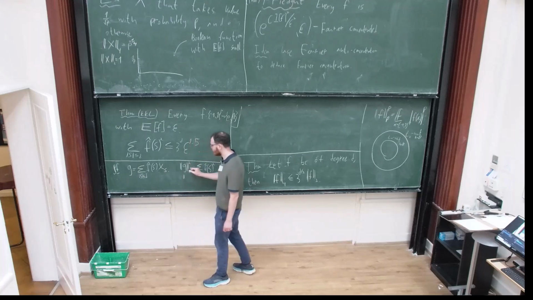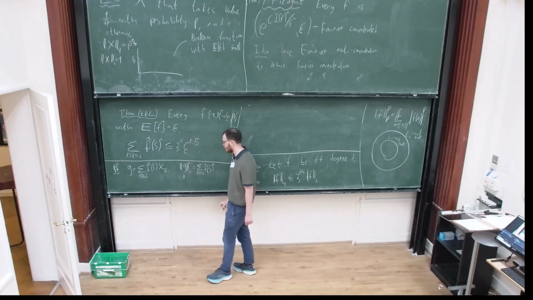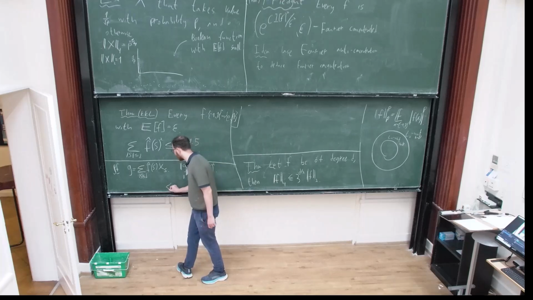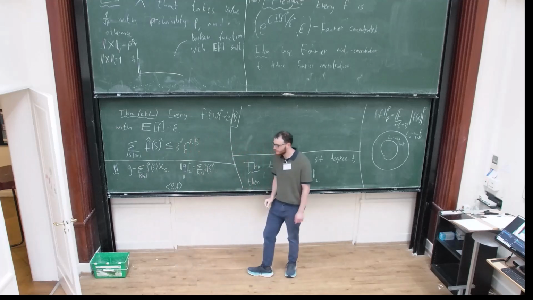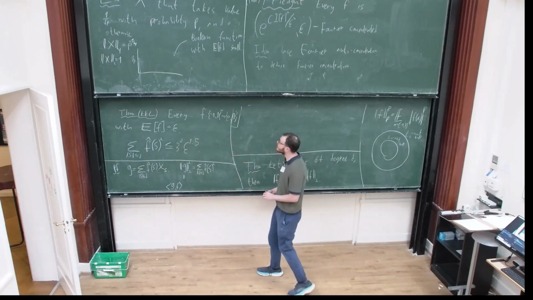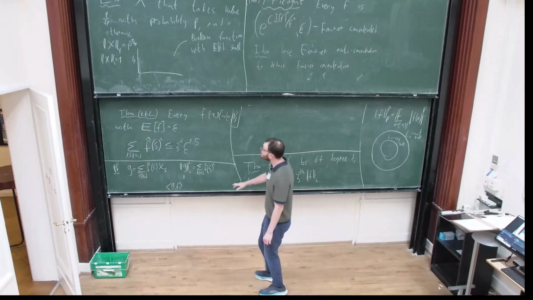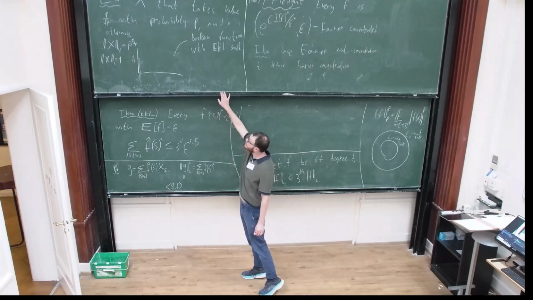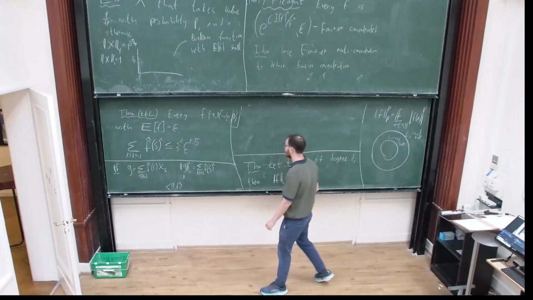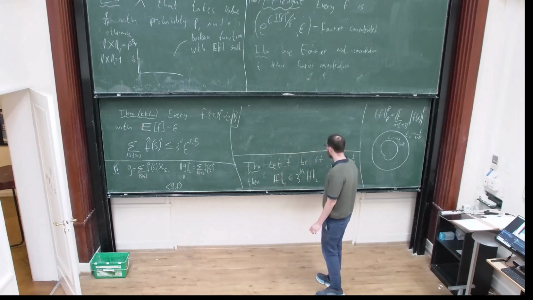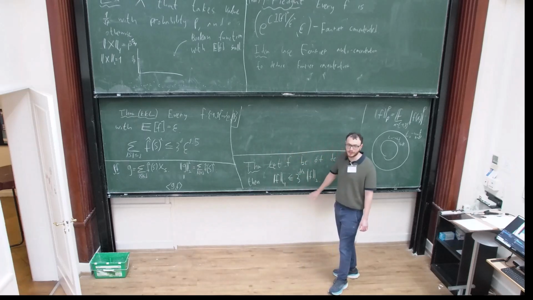But the L2 norm of g squared is also equal to the inner product between g and f. And what we said earlier is that f has this kind of distribution, and g has this kind of distribution.